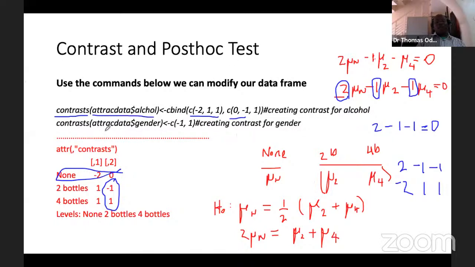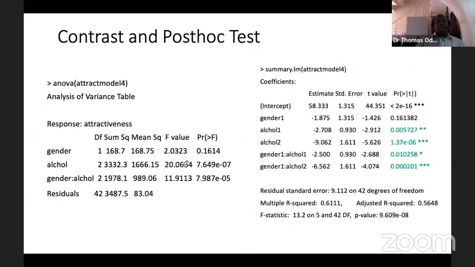So here, for gender, we want to compare male versus female. Now we have a model here. Remember, gender was not significant, alcohol was significant, and the interaction was not significant.